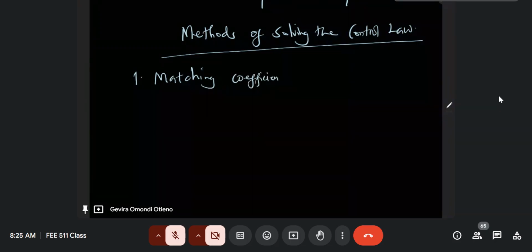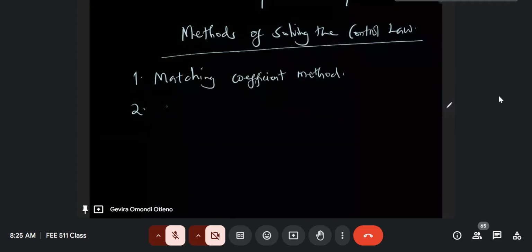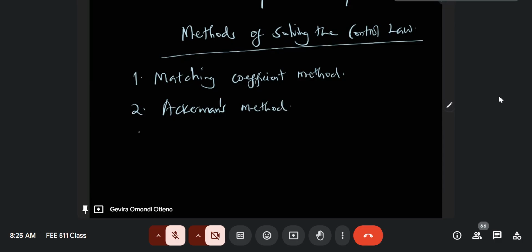Very, very important method. The second method is known as Ackermann's method. I think we listed this in the previous class. And lastly, the third method for solving this control law is the transformation method. Very, very important.